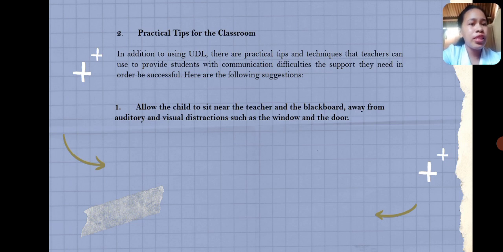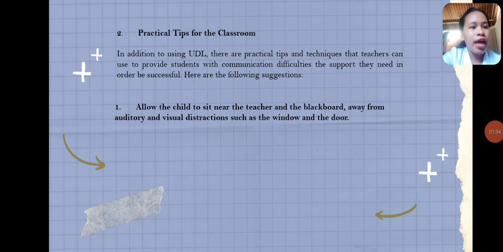They must sit near the teacher and the blackboard to clearly understand and get the information they need in order to learn. Away from the window and the door, they can avoid hearing unnecessary noises or seeing other unnecessary distractions.